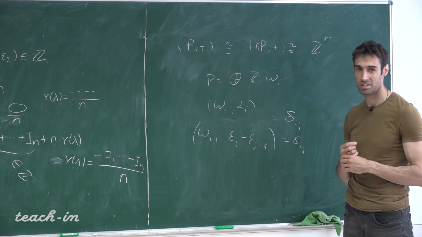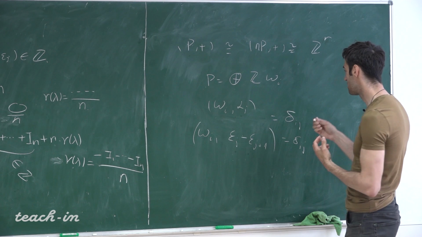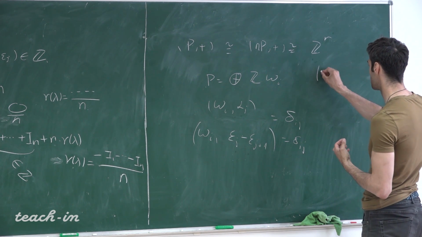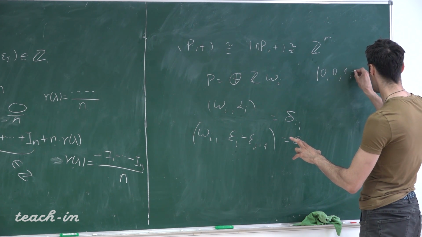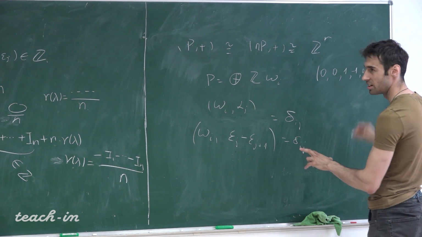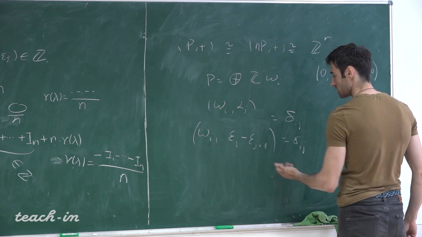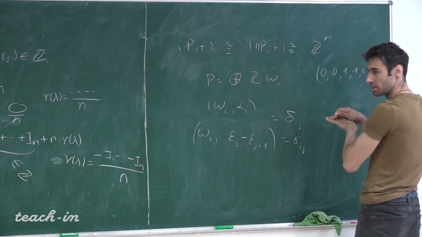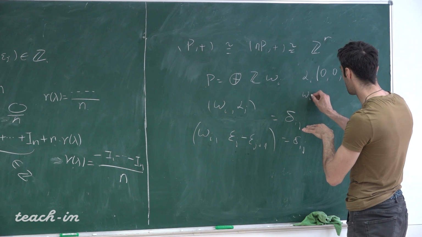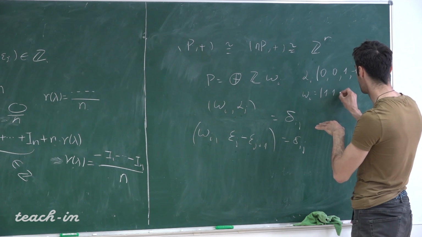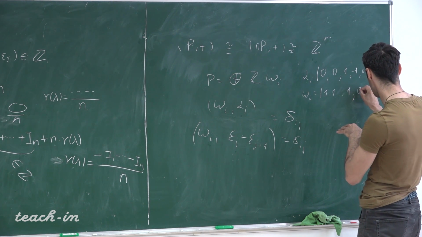So then who are the omegas? It's easier to visualize using just the root: in your root you have 1 and minus 1 at some place, and you need some other vector such that their scalar product is 1, but with everything else is 0. So if your alpha is like that, then omega i should be like that. You take all ones, and at this point you take 1 and then 0.